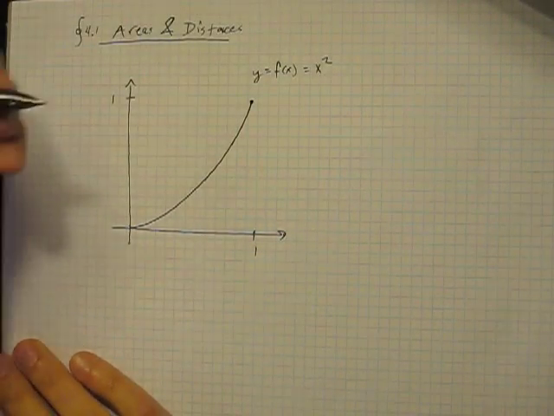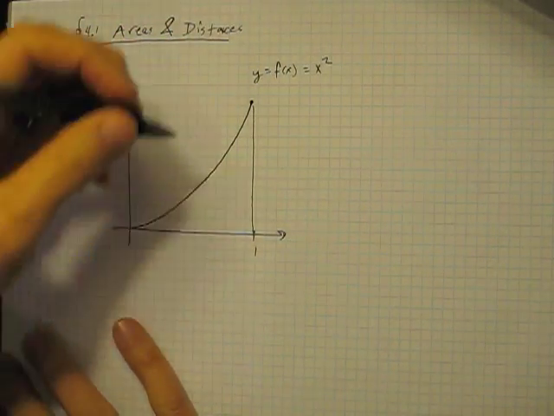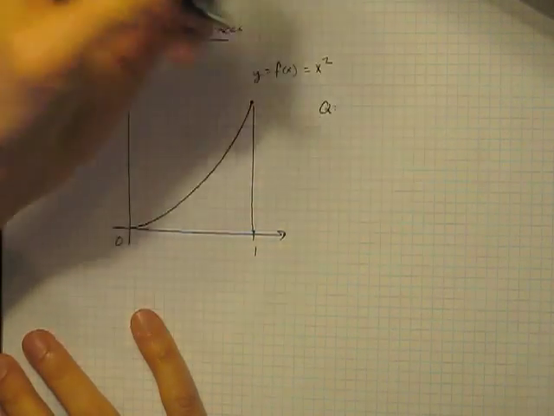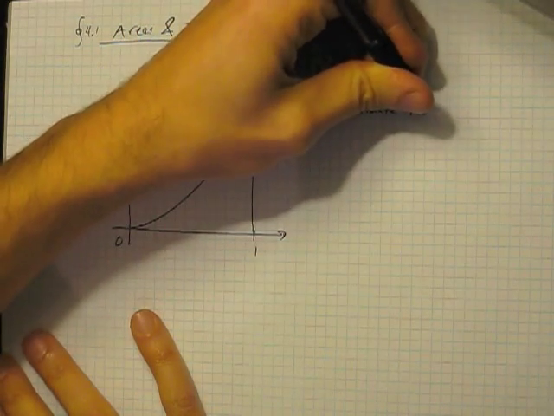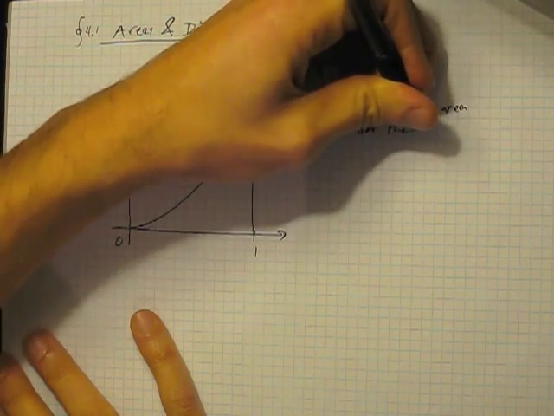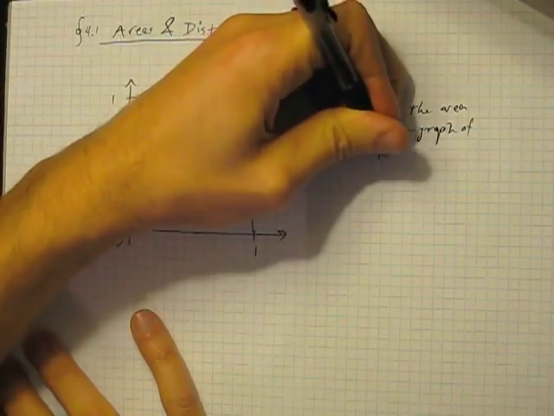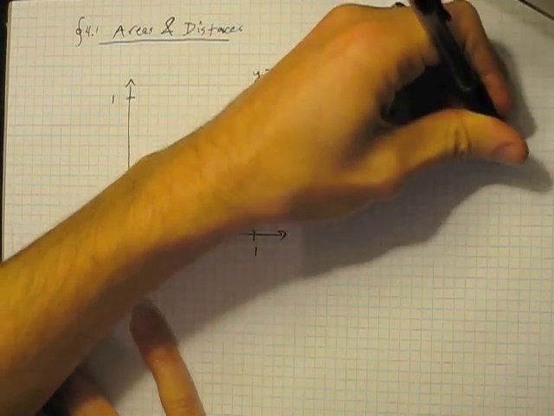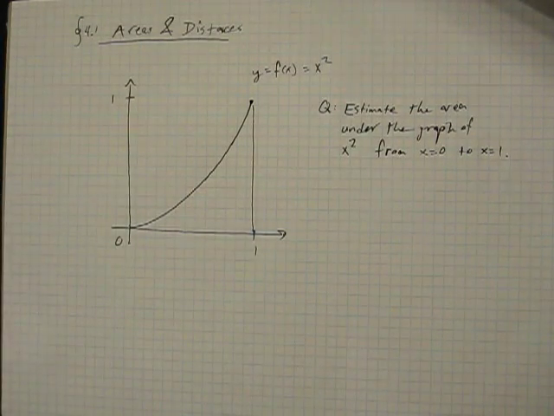And I want to answer the question, so between the x coordinates 0 and 1, estimate the area under the graph of x squared from x equals 0 to x equals 1. So this is the question. So all of this area in here is what we want to estimate.